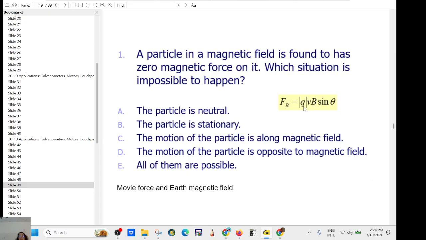If the particle is not moving, no force. If the particle is neutral, no force. It's a high maintenance force. It has requirements, right? The electric force is easier. It doesn't need to be moving, and it just needs to have a charge.